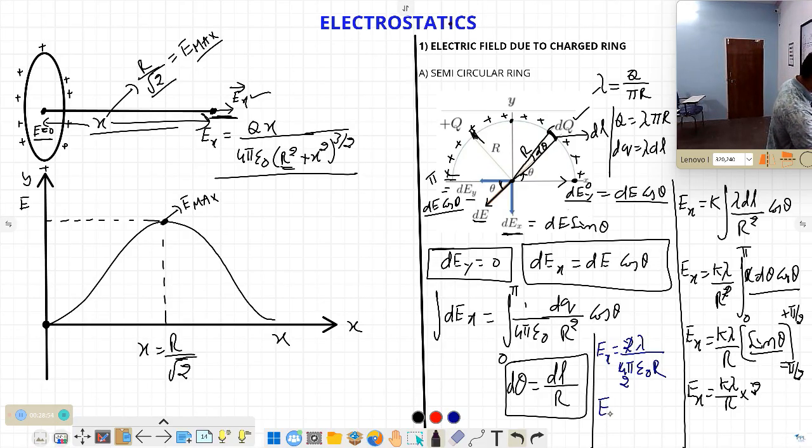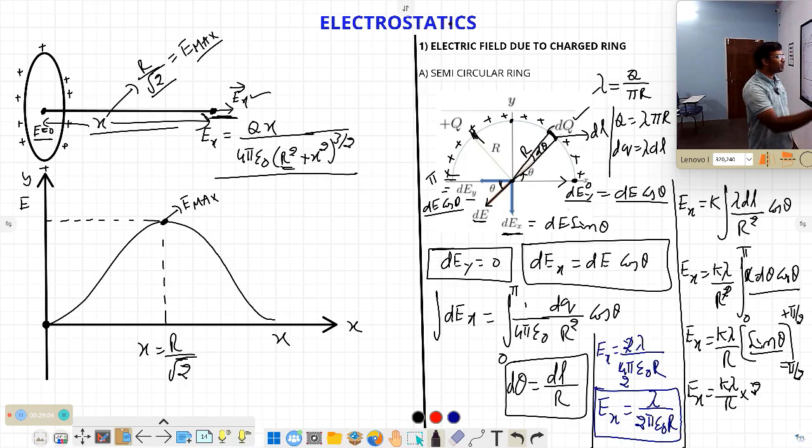So the final answer is Ex equal to lambda by 2 pi epsilon naught R. So the electric field intensity at this point is due to only the x component, and its value is lambda by 2 pi epsilon naught R. This is for the semicircular charged ring, electric field at the center.